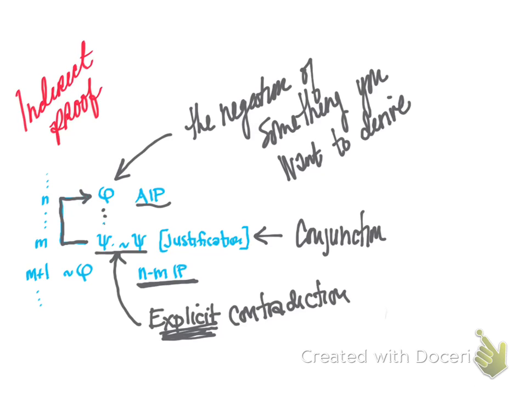And lastly, just like with conditional proof, once you have closed off this subproof, you cannot cite anything inside of it. Everything you have derived inside of a subproof here depends on an assumption.